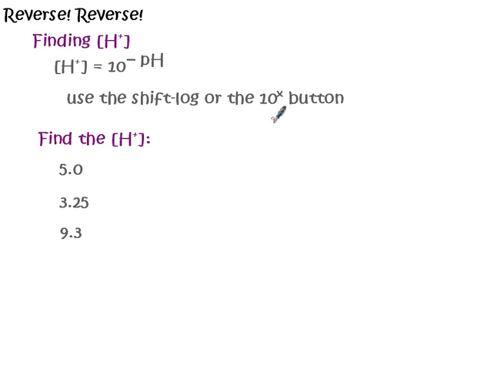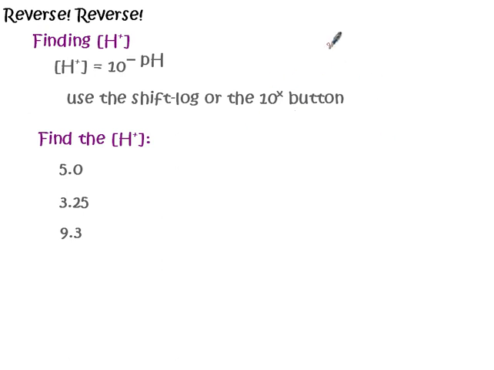To access this on your calculator, you should use the 10 to the x button. Now, many times this 10 to the x button is if you hit the shift on your calculator or the second button on your calculator and then hit the log button, that usually brings up 10 to the x.